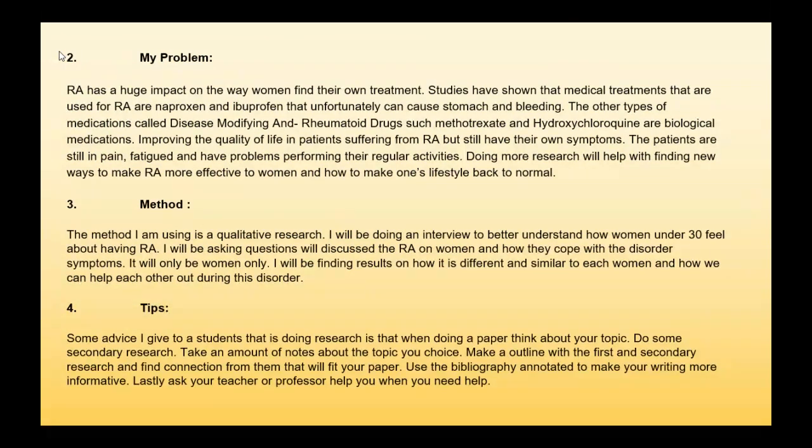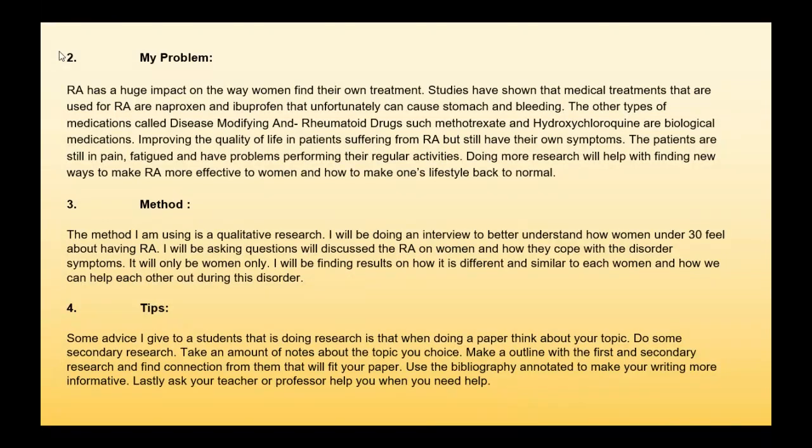My problem is that RA has a huge impact on the way women find their own treatment. Studies have shown that the medical treatments used for RA are naproxen and ibuprofen, which unfortunately can cause stomach bleeding.